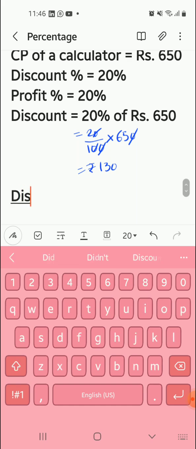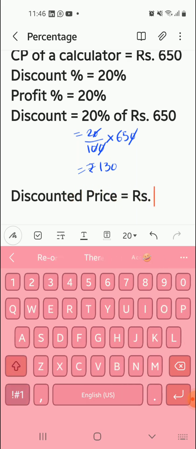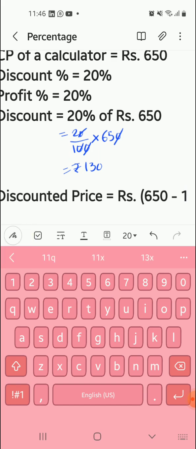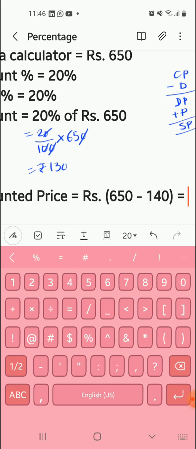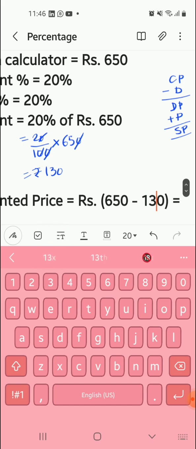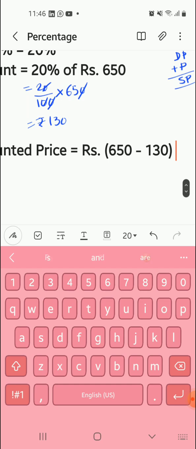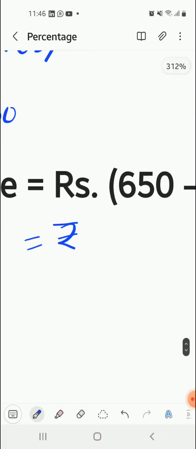So the discounted price is equal to rupees 650 minus 130, which comes to, sorry, it will be 130. So this amounts to rupees 520.